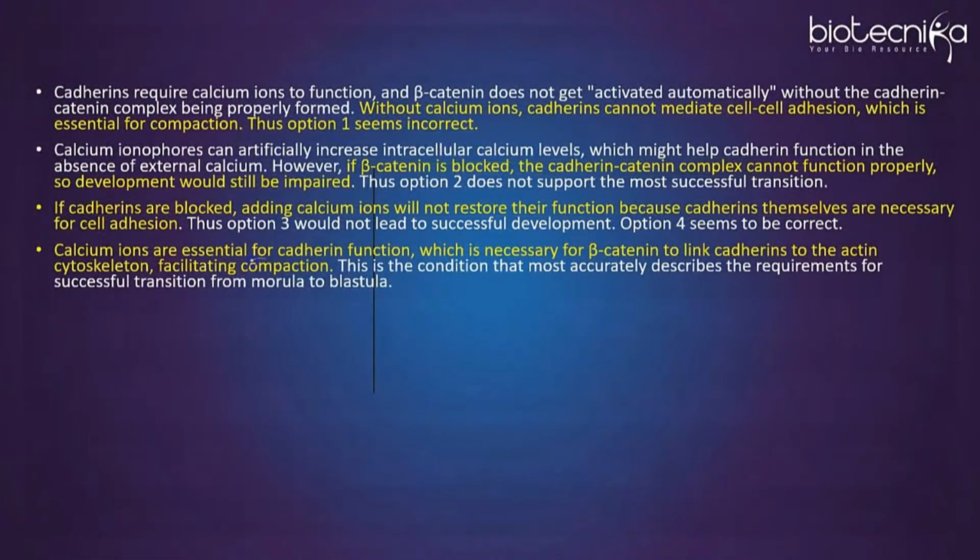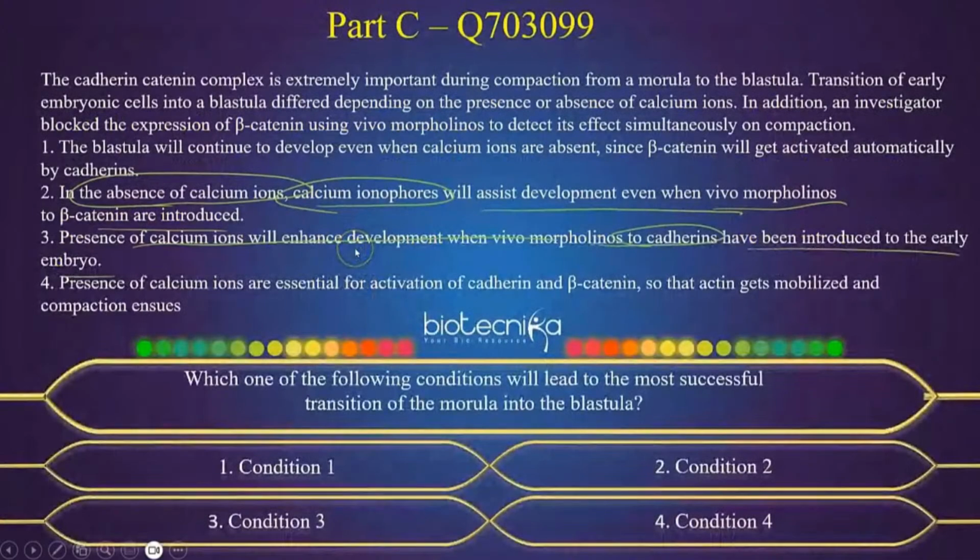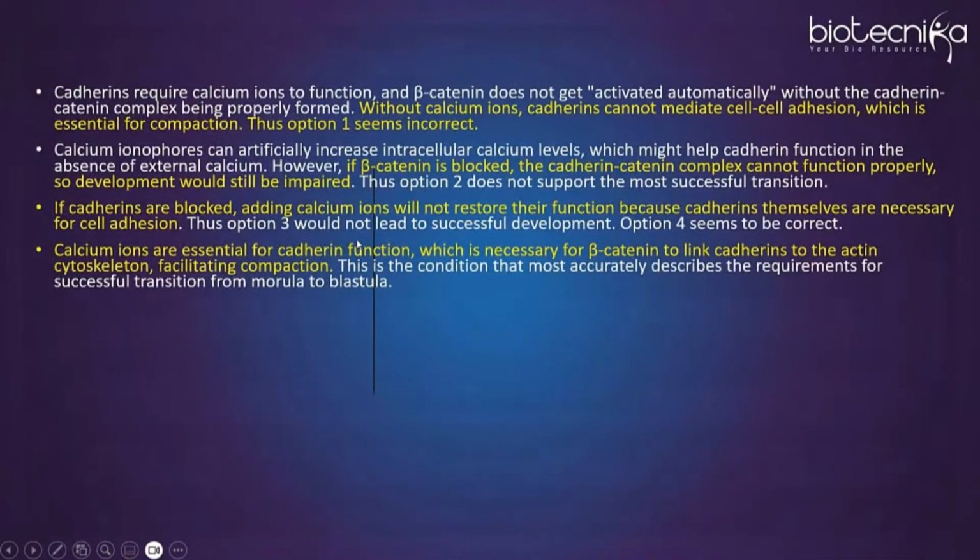Calcium ions are essential for cadherin function, which is necessary for beta-catenin to link cadherins to the actin cytoskeleton, facilitating compaction. This is the condition that most accurately describes the requirements. Thus, option 3 will not lead to successful development.